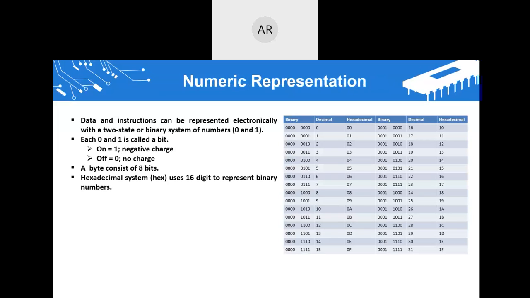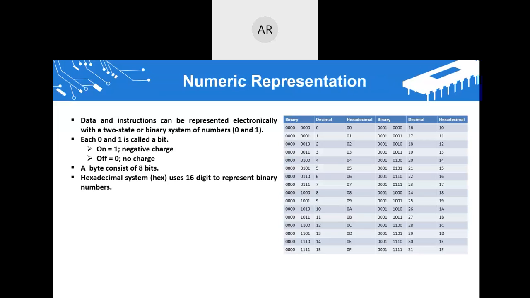So any data transmitted from one device to another, or one component to another component, will use this numeric representation, which is called the binary system of numbers. The binary system consists of two numbers, which are 0 and 1. Usually each 0 and 1 is called a bit, where 1 is a negative charge, which is turned on, and 0 is off with no charge.